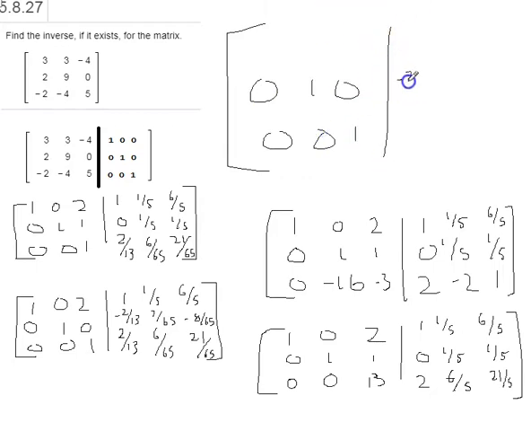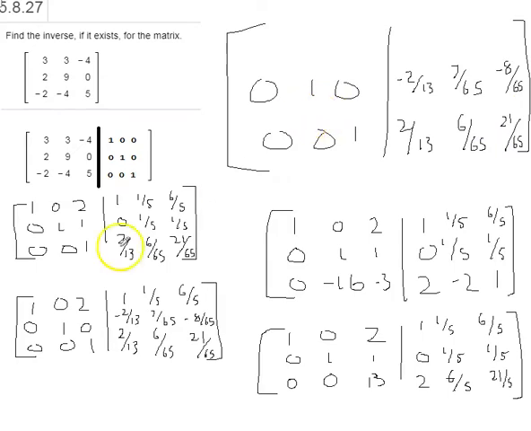And so these values over here aren't going to change either. 7 over 65, negative 8 over 65, 2/13, 6/65, 21/65. All right, so I need to multiply -2 times this row and add it to that. So those first two values don't change because we have zeros, and that last one becomes a 0. So we have our identity matrix that we wanted.